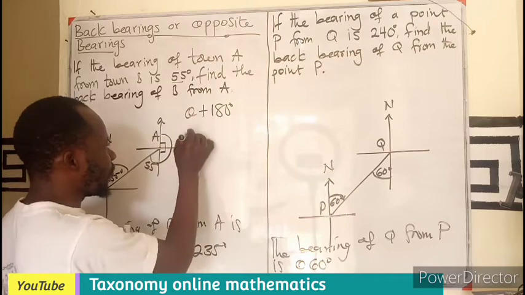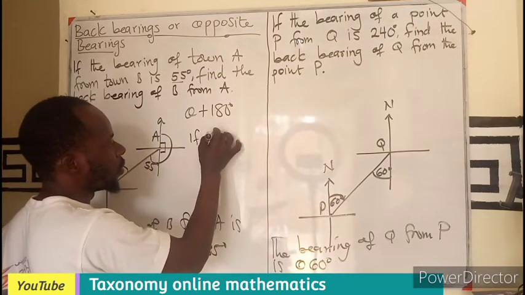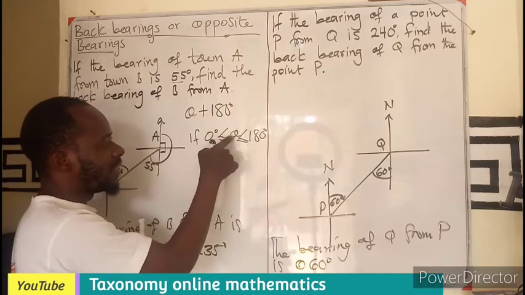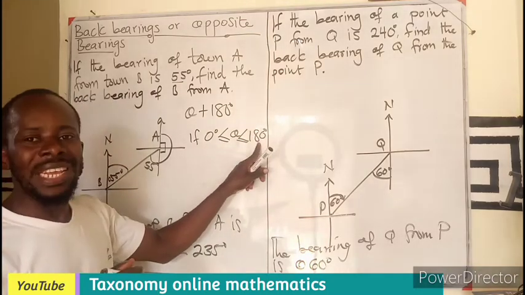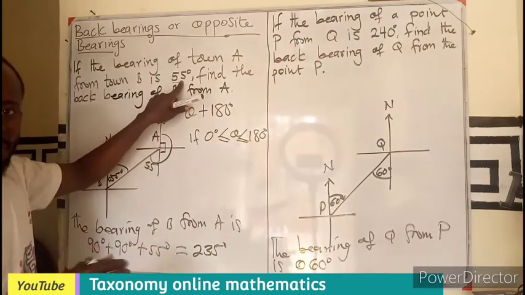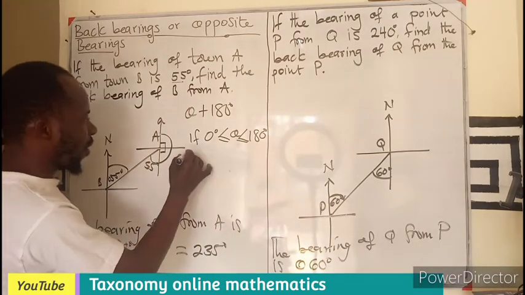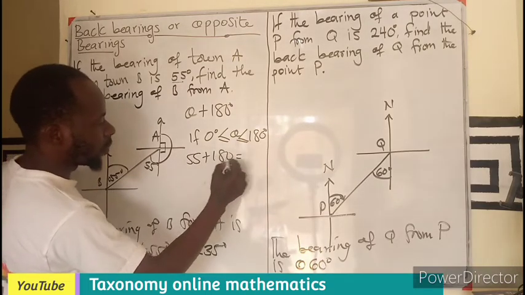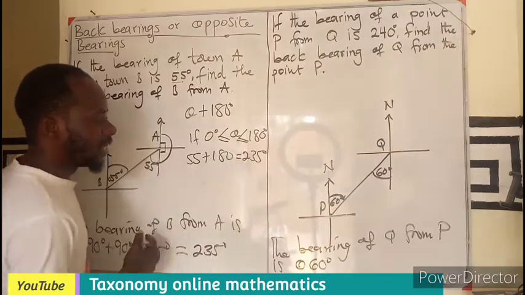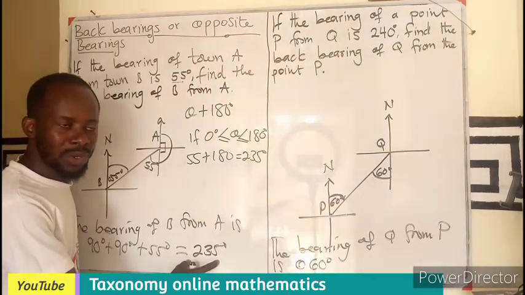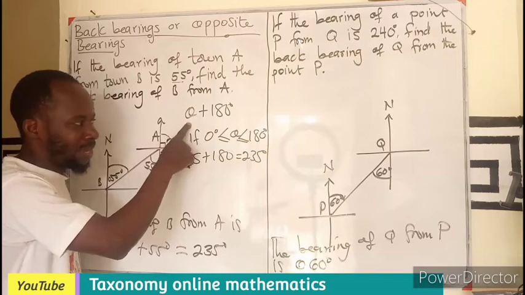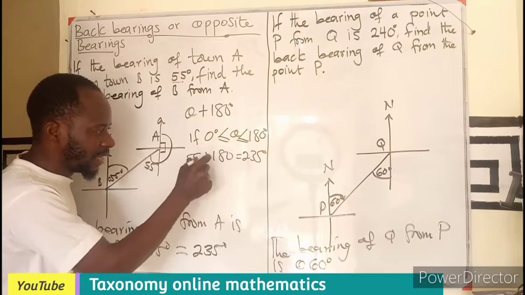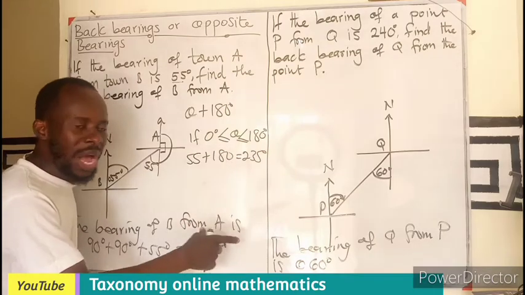As in, if your theta is between 0 and 180, so I can say that 55 is between 0 and 180, therefore 55 plus 180, I will get 235 degrees, as in this question. So any theta given to me that is within this range, this formula can work. 160, just add 180 to this, you get your answer.